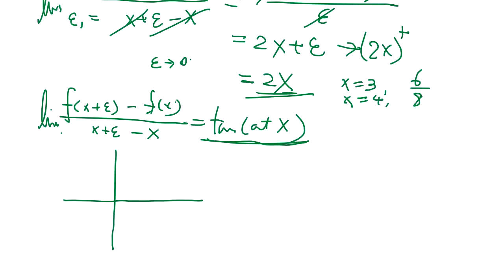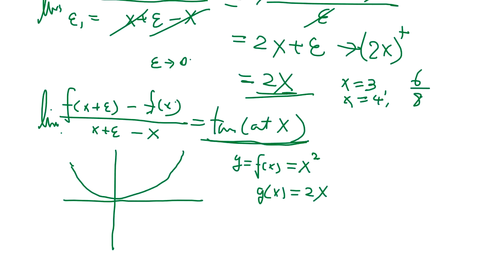So let's see, when you have a y equals fx curve like that, if this is x squared, the tangent becomes 2x.